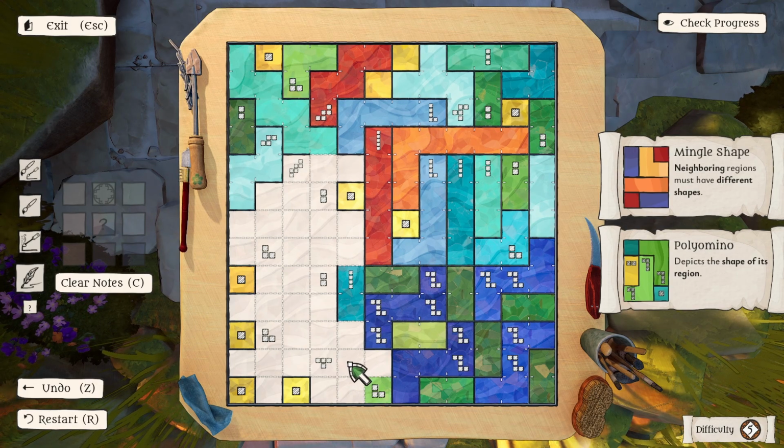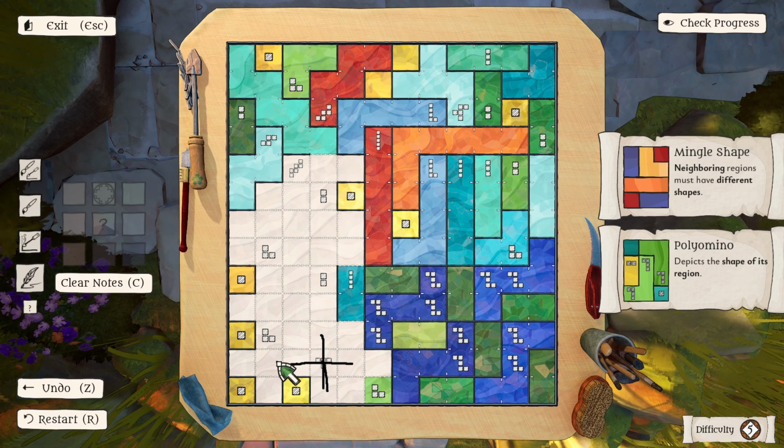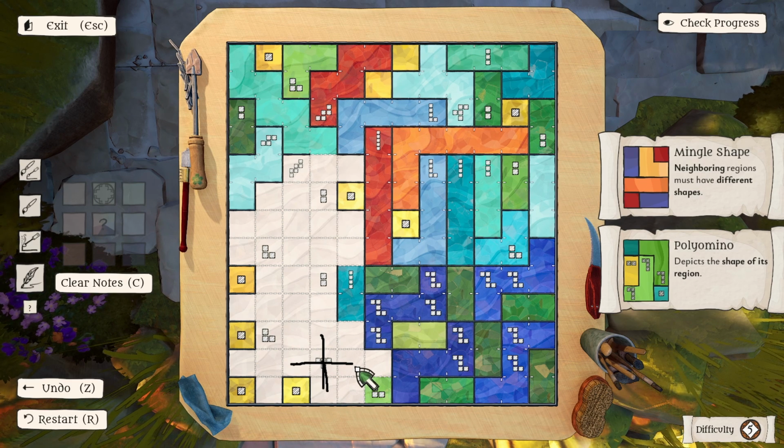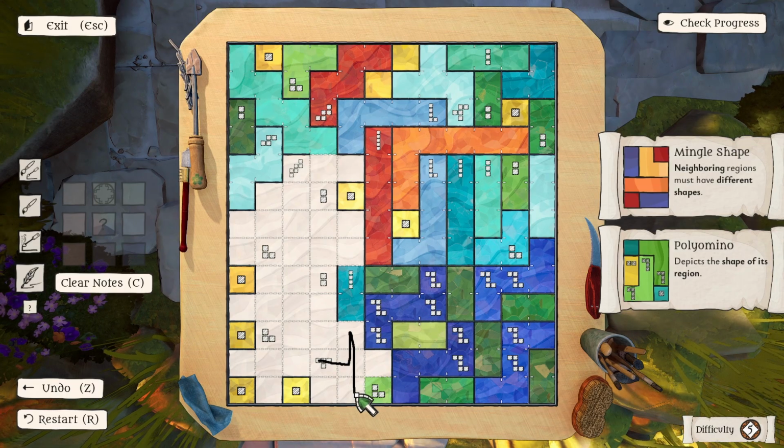It could leave that one out by taking that. It could leave this one out by taking that. This could do that. That. It could do that. Well, it couldn't do that.